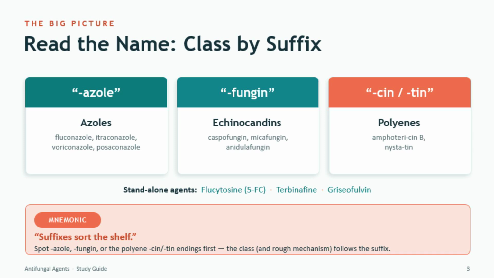And the polyenes carry that -sin or -tin ending: amphotericin B and nystatin. A few stand-alone agents break the pattern: flucytosine, terbinafine, and griseofulvin, and we'll handle those separately. Our mnemonic here is "suffixes sort the shelf." Spot the ending first, and the class and even the rough mechanism follows.